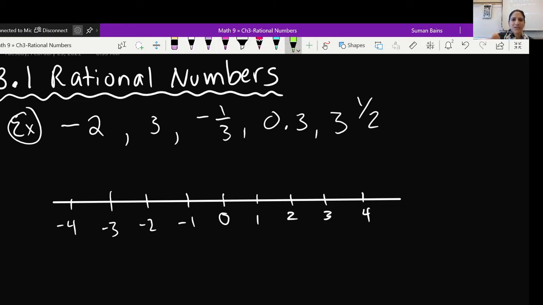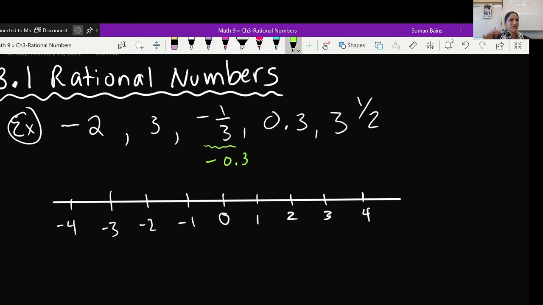So it doesn't have to be completely accurate or precise, but can we change -1/3? Do you have a rough idea of approximately what that is as a decimal? Anybody? You can, sure. -0.3, and what happens with 1/3?